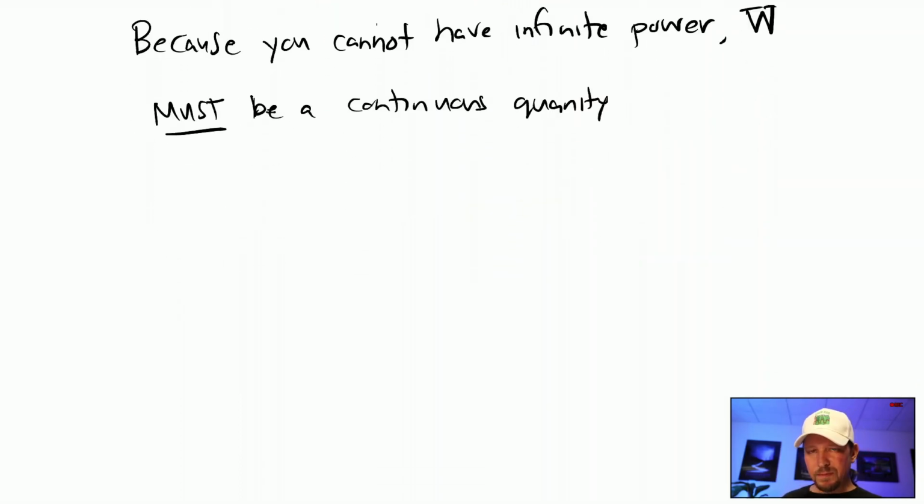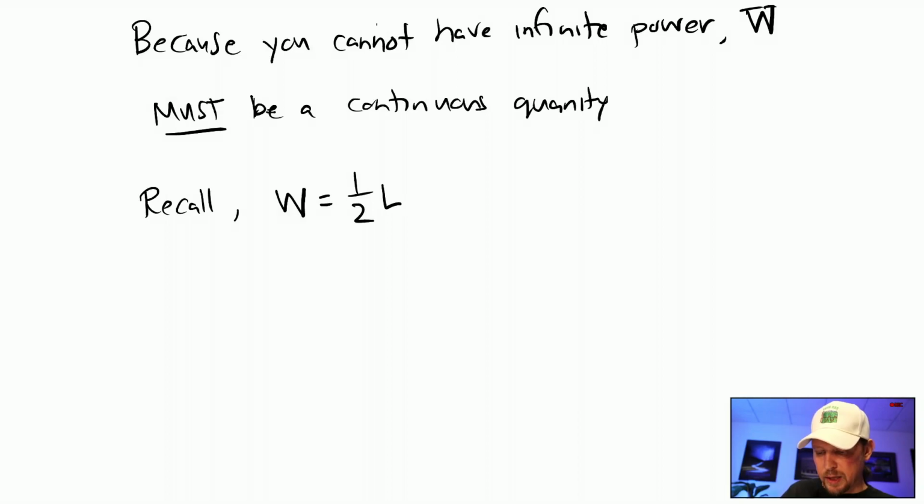Now, the major result comes from what we did previously for energy storage in an inductor. So recall that inside an inductor, the energy instantaneously is 1/2 the inductance times the current squared, right? Now, if this side is continuous, and you have these two constants, then it must be the case that I squared must be continuous.